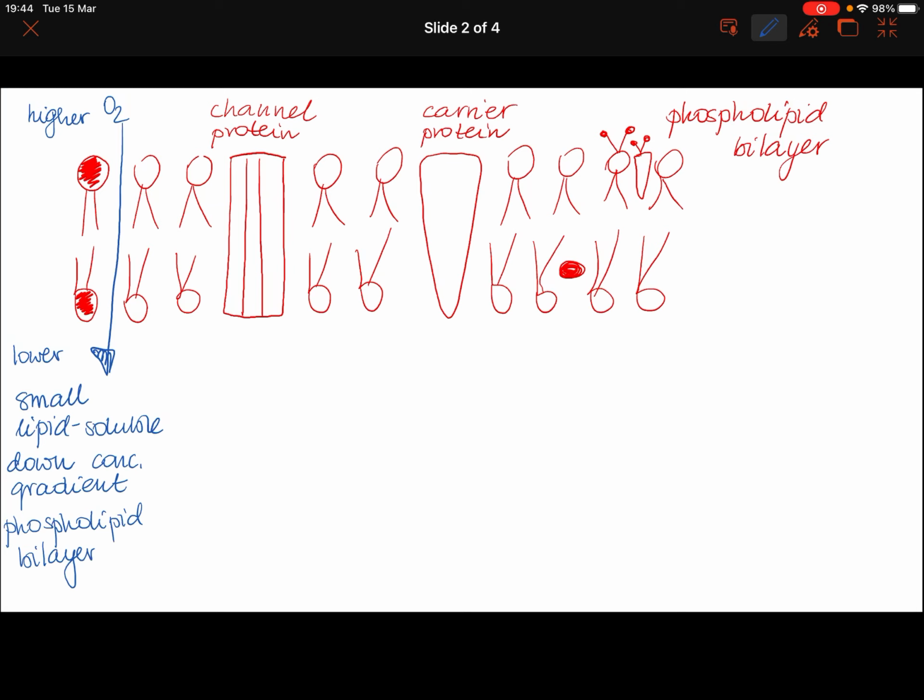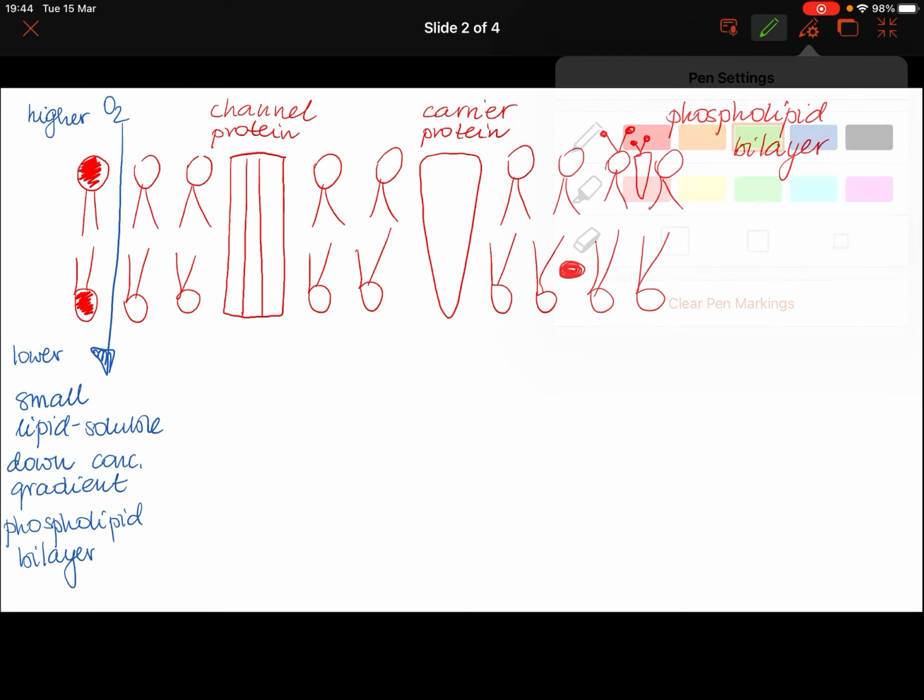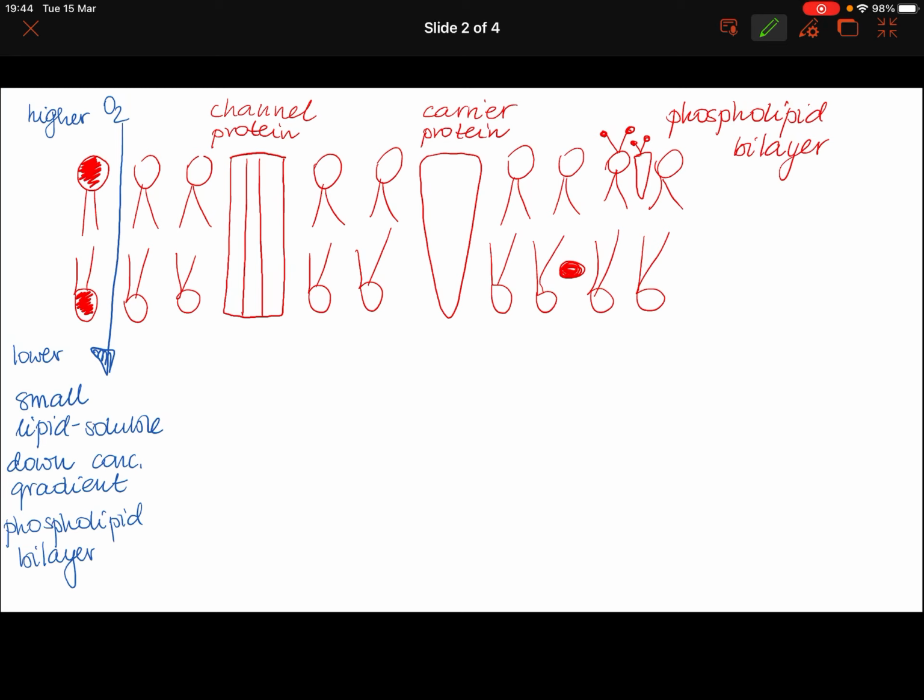There is the other type of diffusion, which is also a passive transport, which happens down the concentration gradient from the higher to lower concentration. This type of diffusion is called facilitated diffusion. Facilitated diffusion will move larger molecules and non-lipid soluble.